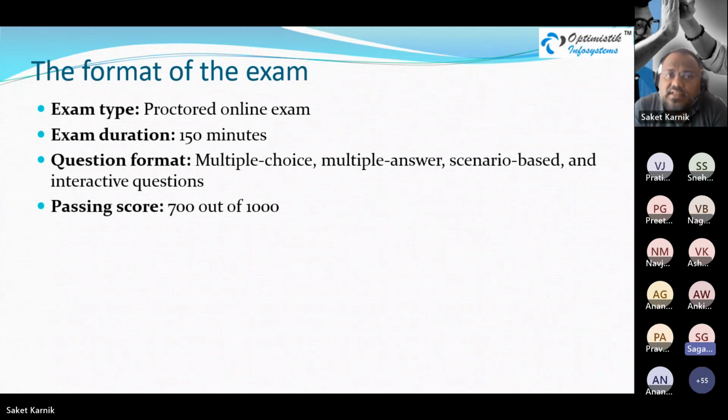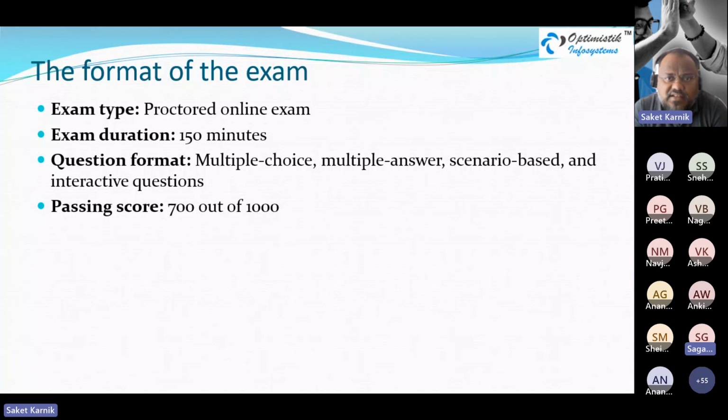Exam duration should be clear. It is 150 minutes fixed. Question format is MCQ based. Some of the questions might be multiple answers based also.